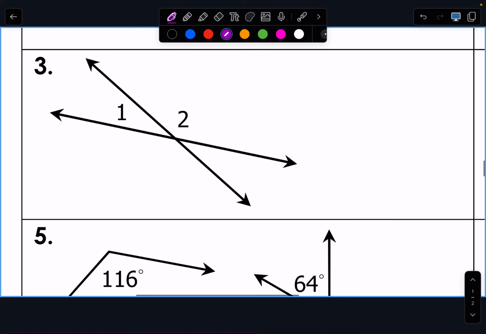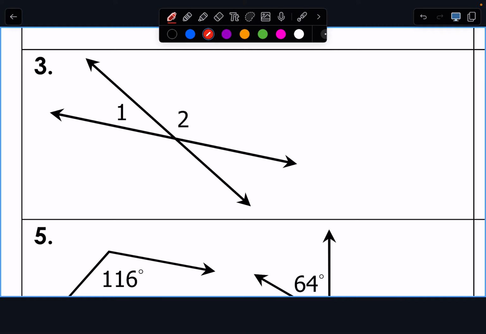But let's look at number 3. Okay? Now, I will tell you this right now. An angle cannot be vertical and adjacent. They're either one or the other or not at all. Okay? So I have a question.